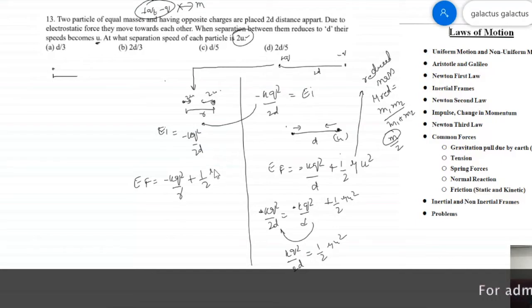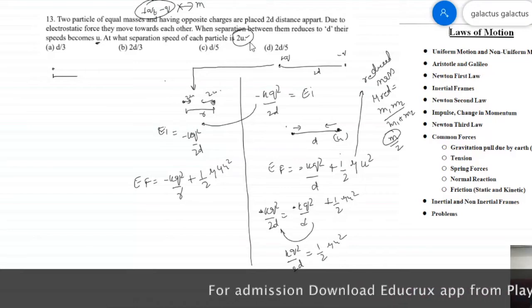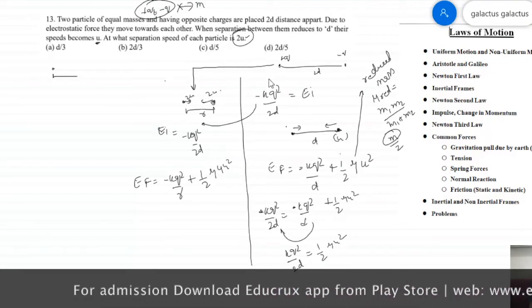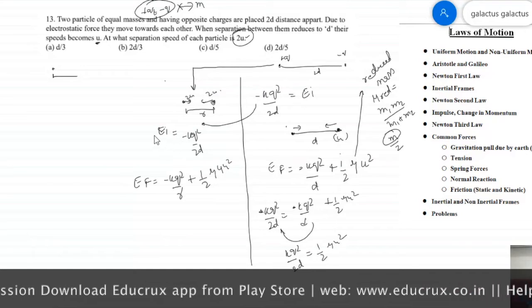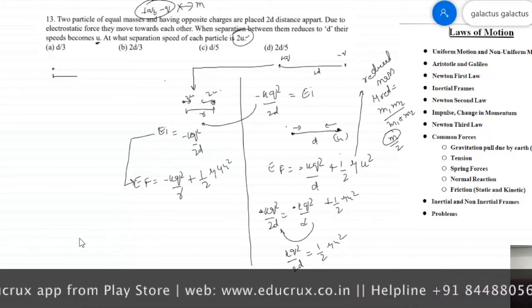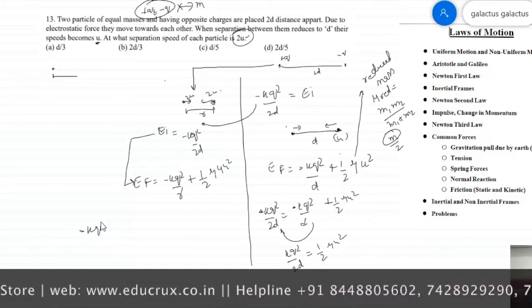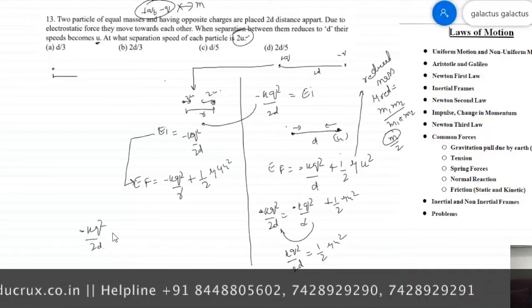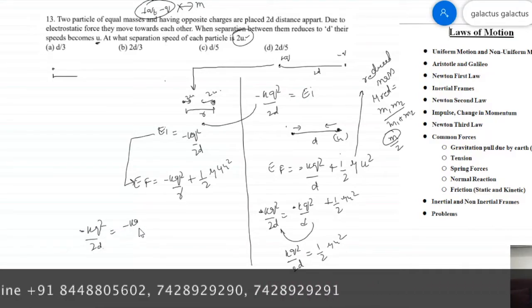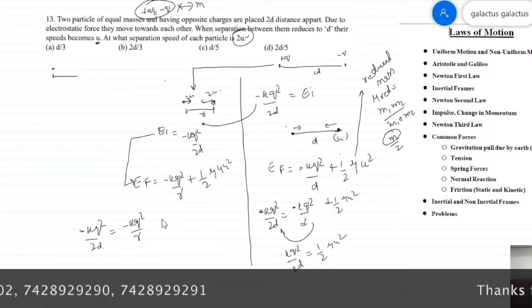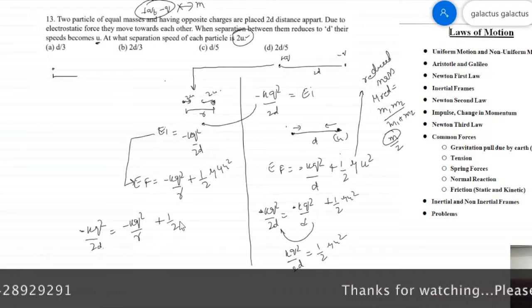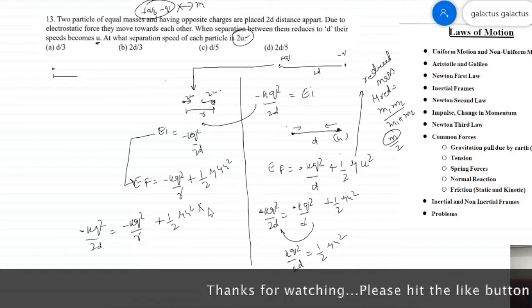So half mu 4u squared. Velocity is now 2u, so v squared is now equal to 4u squared. If I now equate these two, I'll get minus kq squared upon 2d is equal to minus kq squared upon r plus half mu u squared into 4.